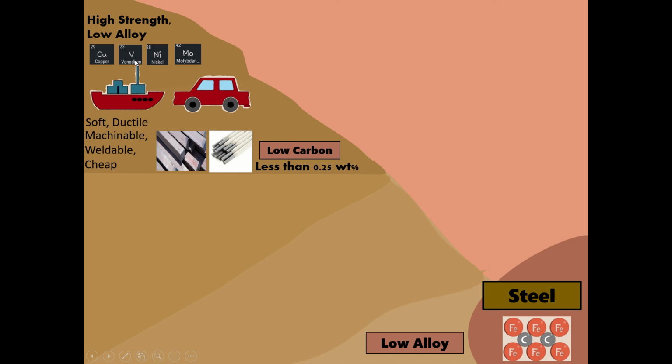And second, we also have high strength low alloy steel when we add copper, vanadium, nickel, and molybdenum to low carbon steel. We can further improve low carbon steel by including these elements to make it a high strength low alloy. Second one is medium carbon steel, where the concentration ranges from 0.25 to 0.6% weight of carbon.